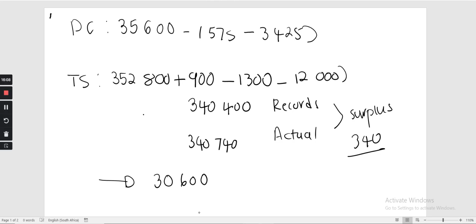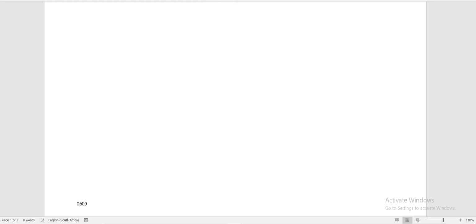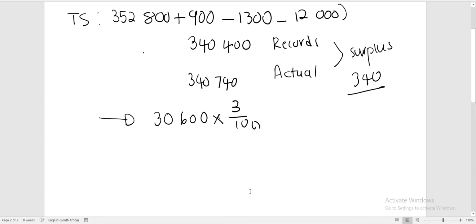Since it's 30,600, it means that we are going to multiply by 3 over 100. Okay, so we must get that answer in writing. I'm going to go back and try to do it on a calculator.